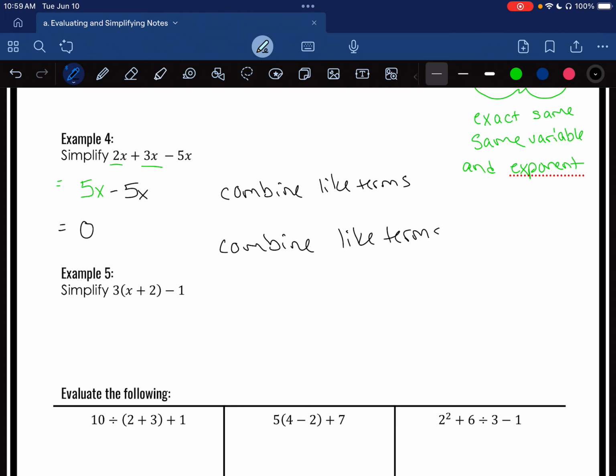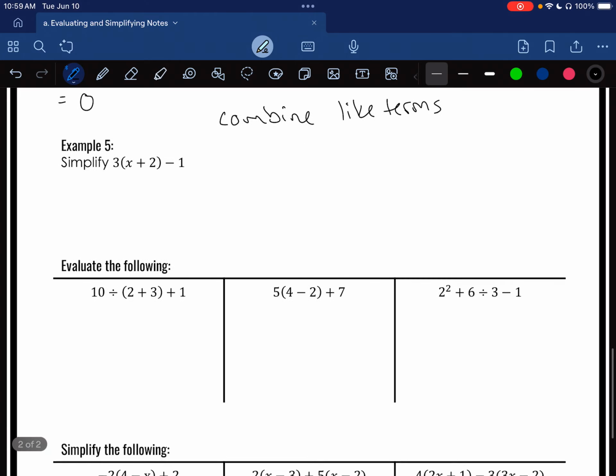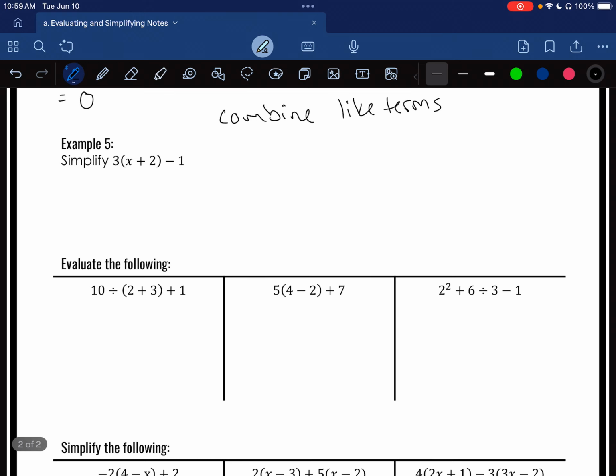All right, something we also might see when we are simplifying is having to use the distributive property. So notice that I have 3 outside the parentheses. That means 3 is going to get multiplied by both of the terms in this expression here in the parentheses.